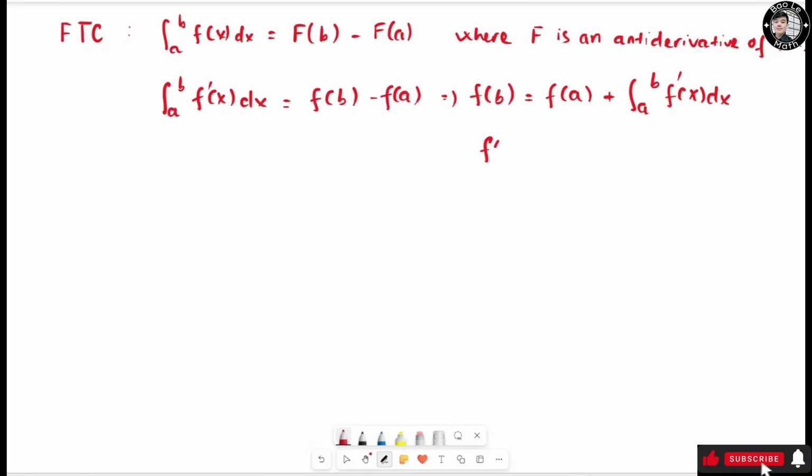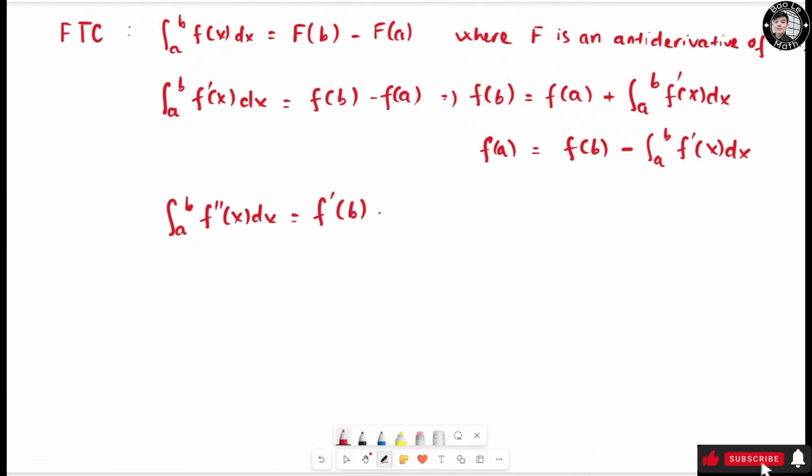Or f(a) equals f(b) minus the integral from a to b of f'(x) dx. Now the integral from a to b of f''(x) dx equals f'(b) minus f'(a).